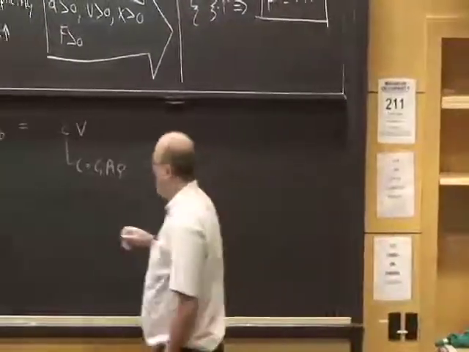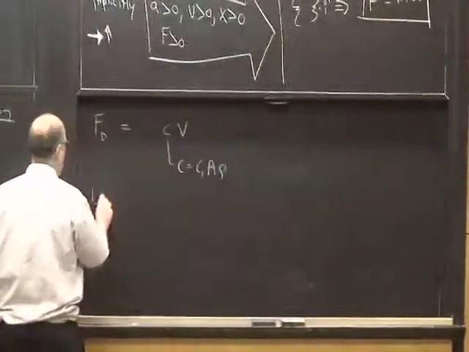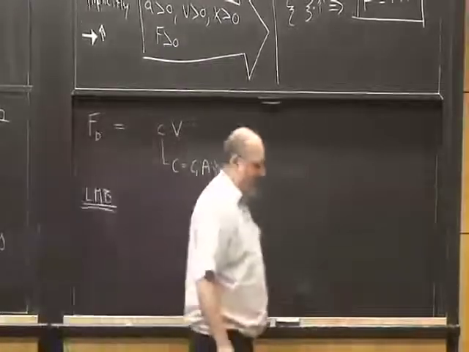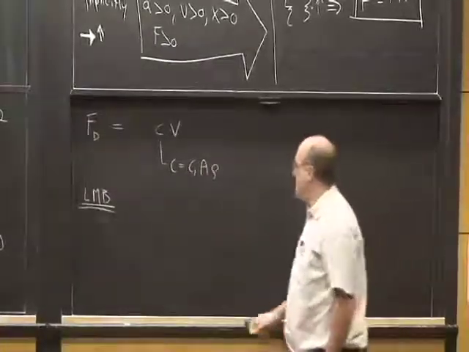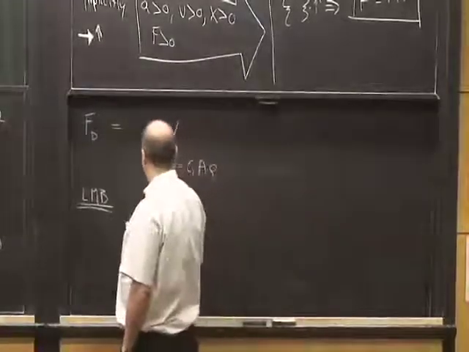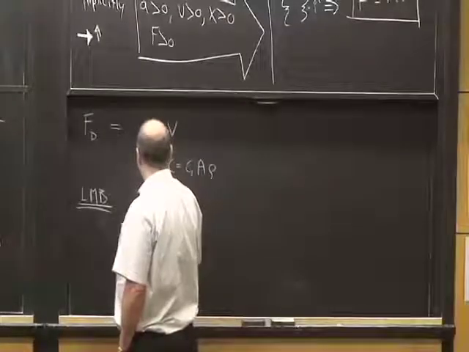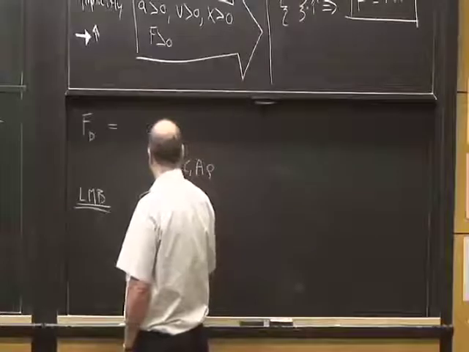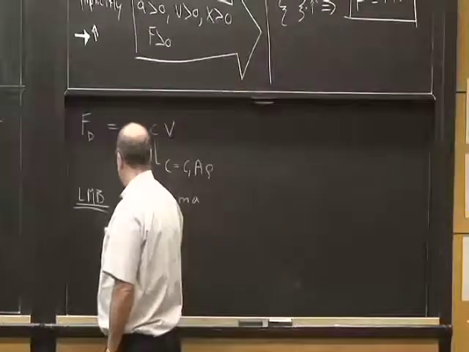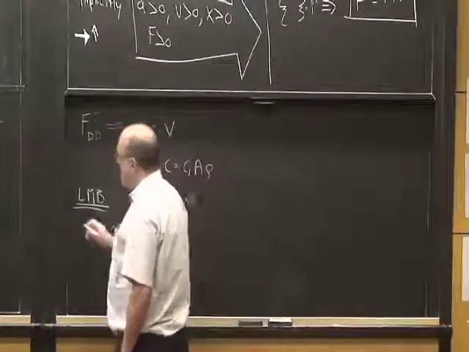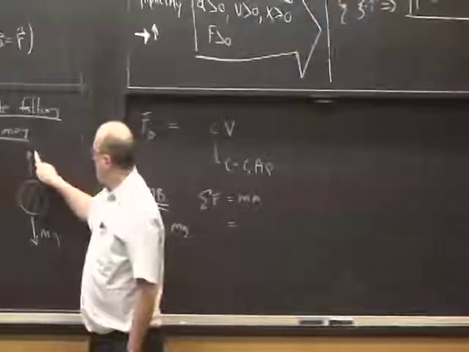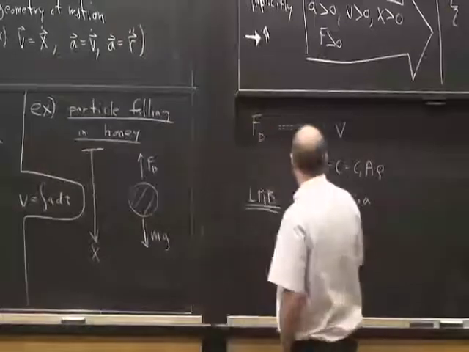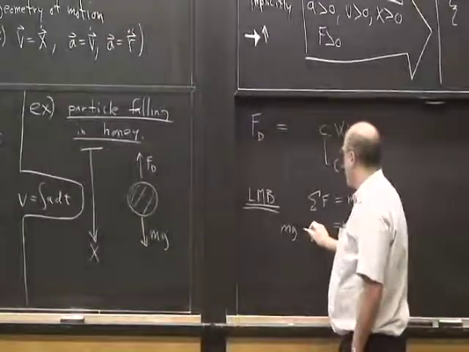So then when we go to write the equation F equals ma, take our linear momentum balance equation. This time I'll be a little sloppier. I'll go directly to the scalar notation. We have that the sum of the forces is equal to the mass times acceleration. And so we're going to have mg. Now if this quantity is positive, it's going in the negative direction.